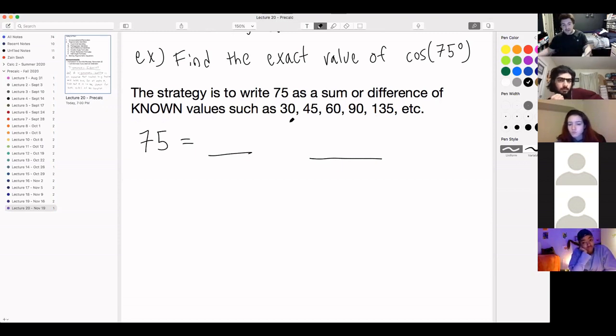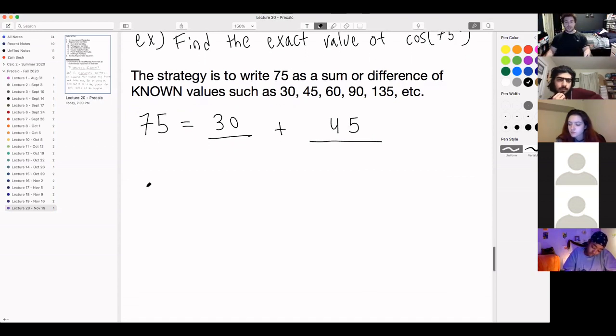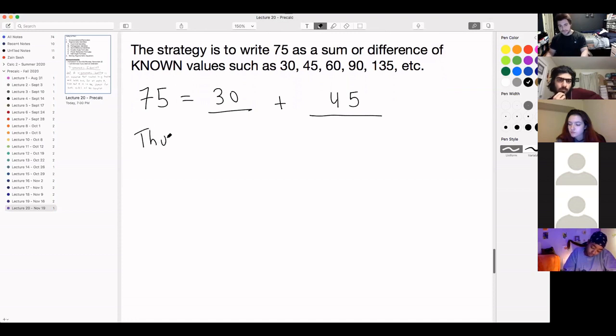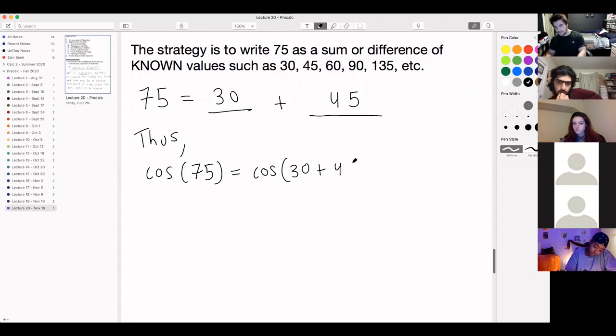So 75 is equal to 30 plus 45. That's the deal. Excellent. So that's what we will use. So thus, cosine of 75 is literally the same as cosine of 30 plus 45.